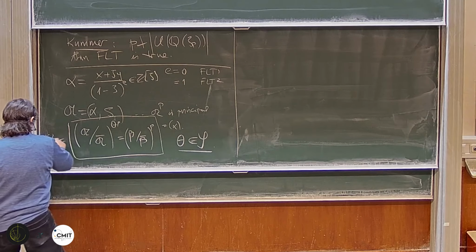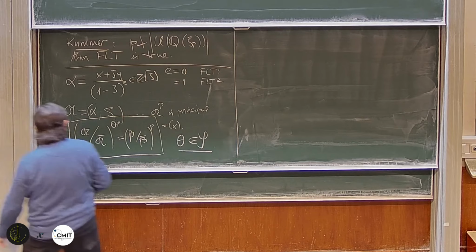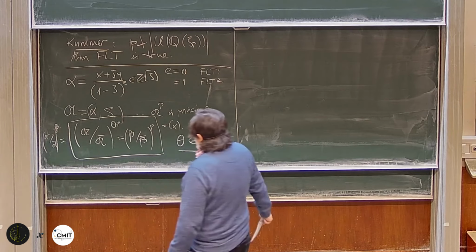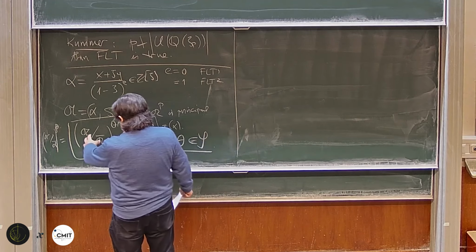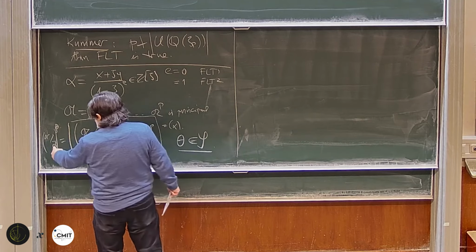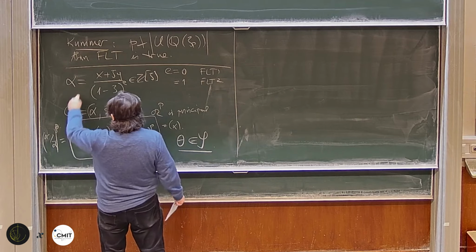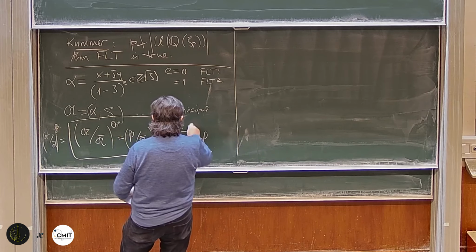Let's write it like this. So these will be principal ideals, and if I raise it to the power p, I get alpha over alpha bar. Remember, alpha is written here.